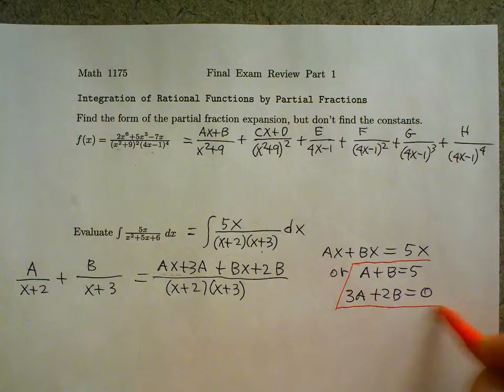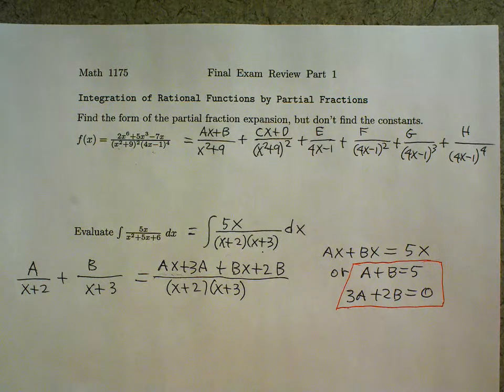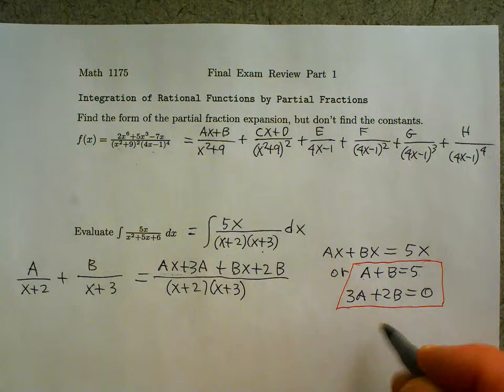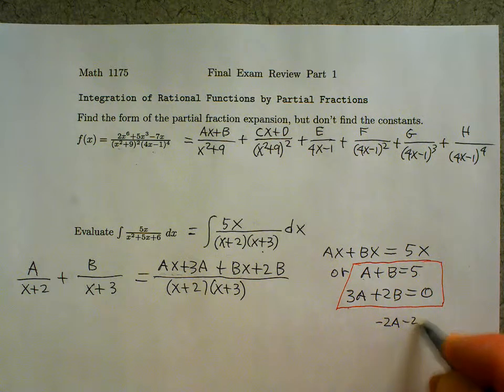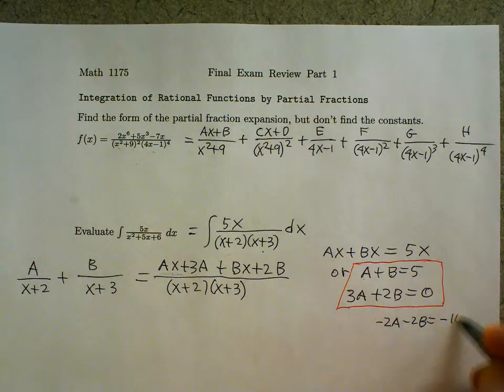So now we have an algebra problem. Solve this system of two linear equations for a and b. One way to do it, we can multiply every term on both sides of the top equation by -2. So we get -2a minus 2b equals -10.